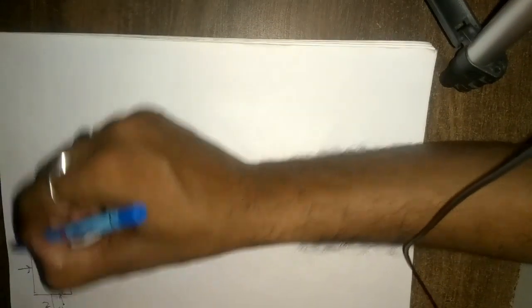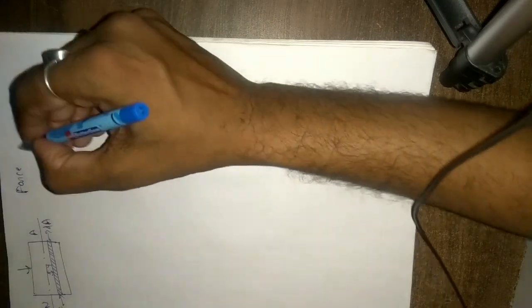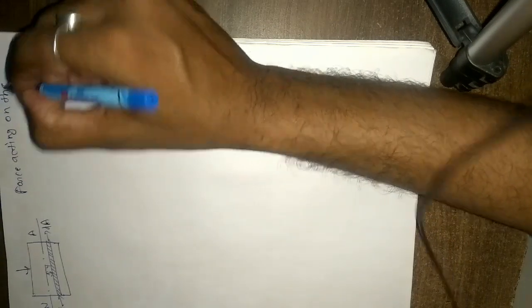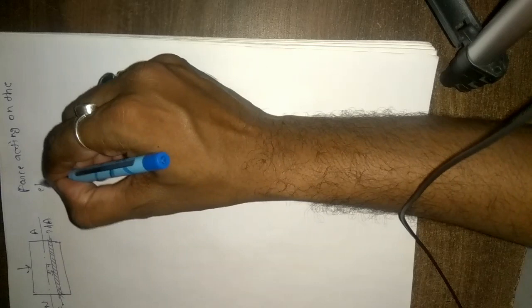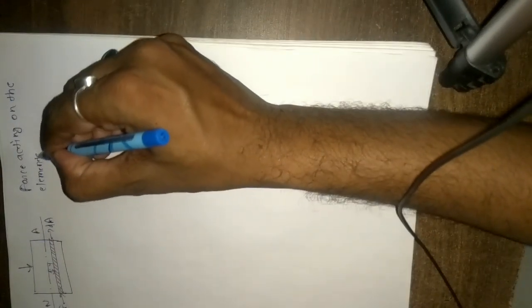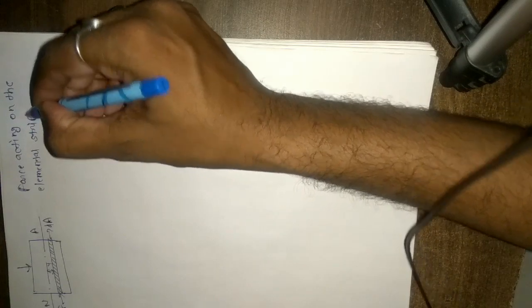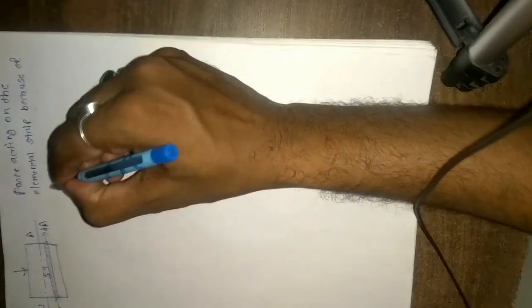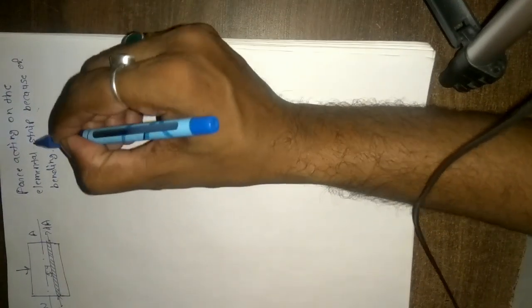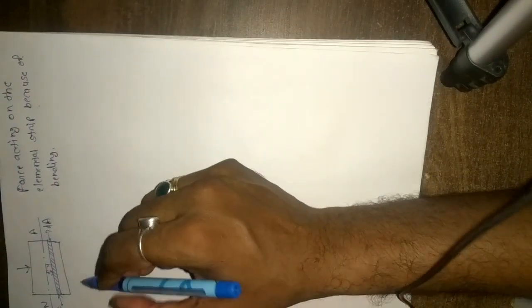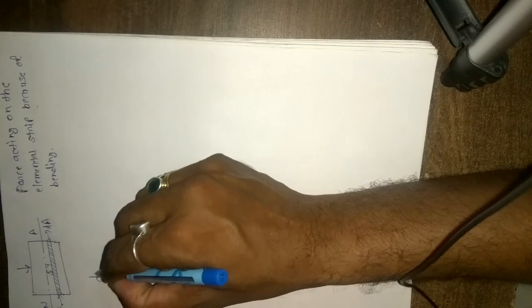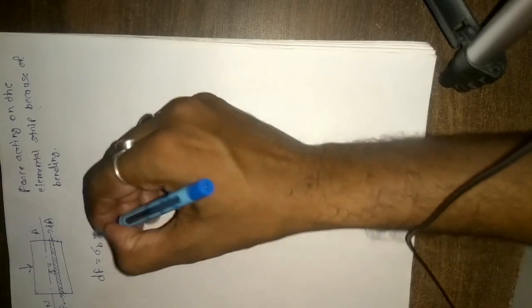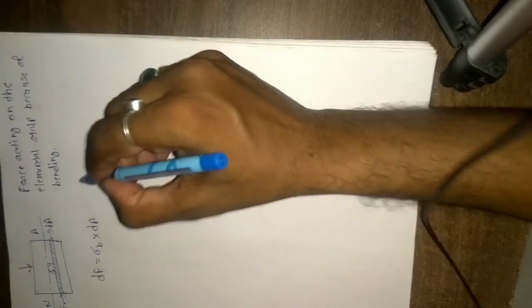Now the force acting on the elemental strip because of bending will be dF equals the bending stress into the area of strip.